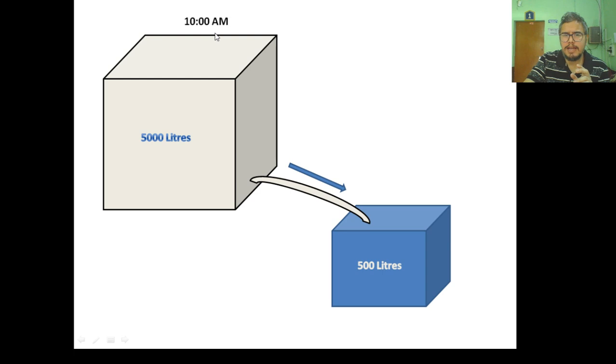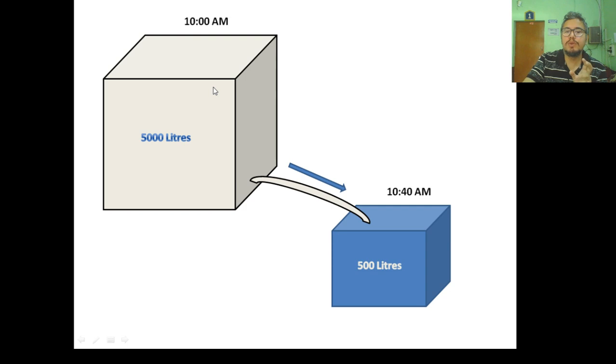Exactly at 10 a.m. the water is released from this tank, and the smaller tank, which is 500 liters, gets filled to its capacity, that is 500 liters, at 10:40 a.m.